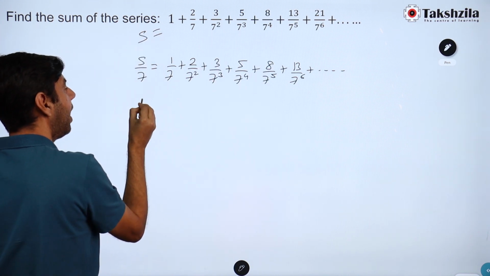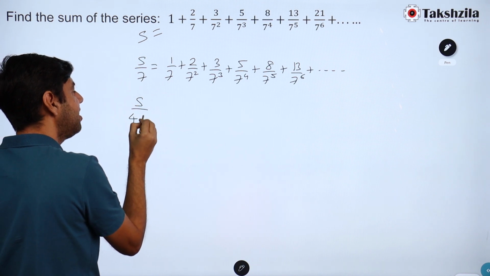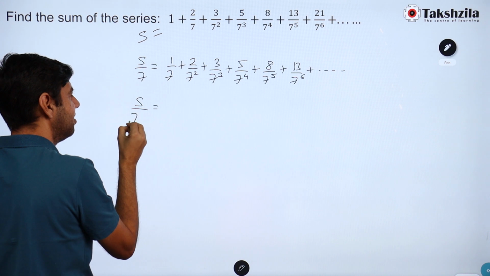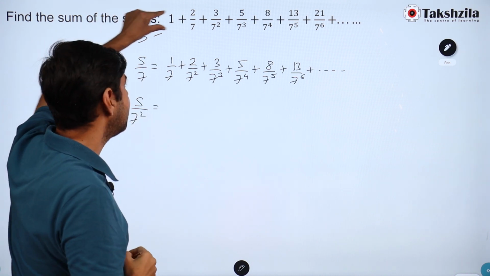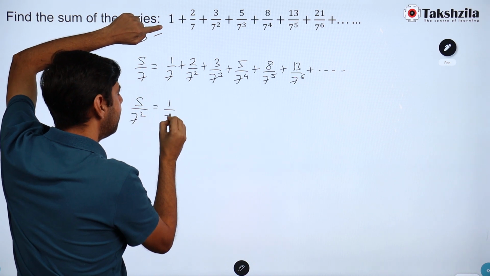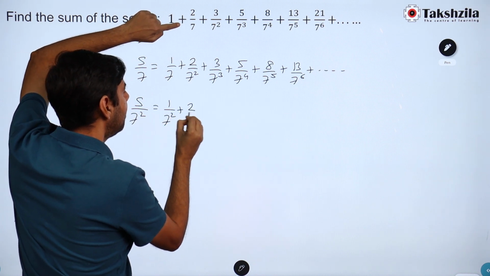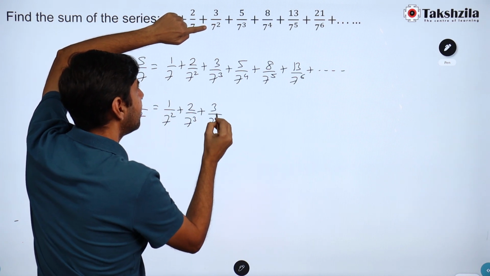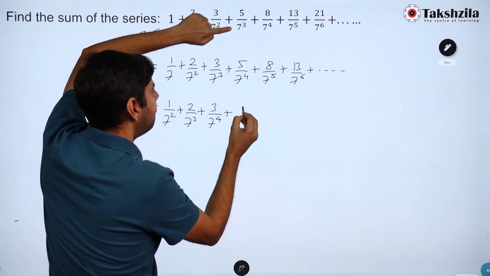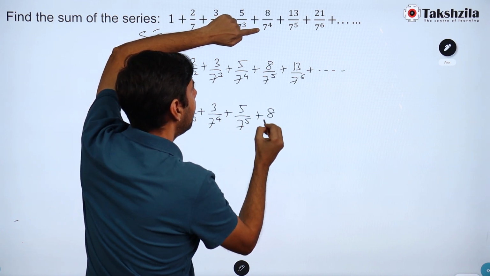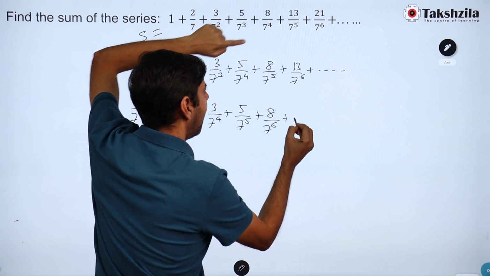So I will divide S by 49 also, or 7 square. So S, when I divide by 7 square, the 1 will be divided by 7 square, 2 will become 7 cube, 3 will become 7 raised to 4, 5 will have 7 raised to 5, 8 will have 7 raised to 6, and so on.